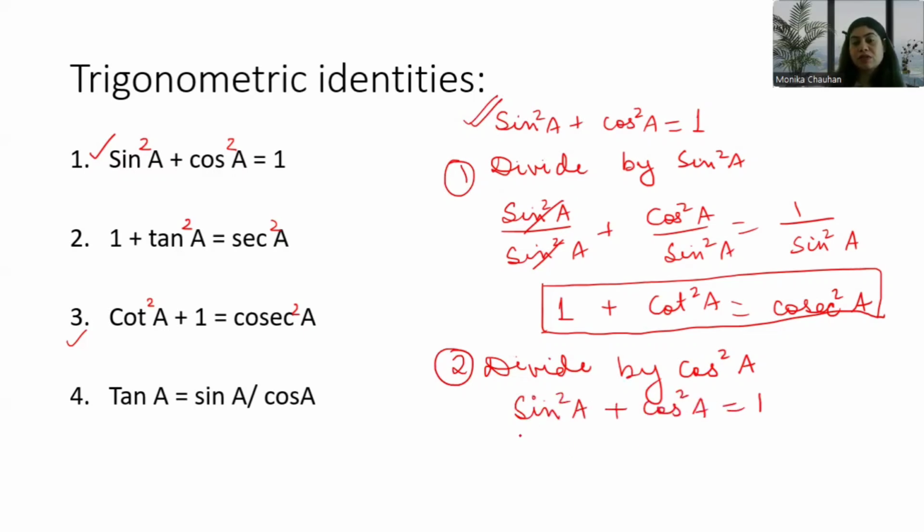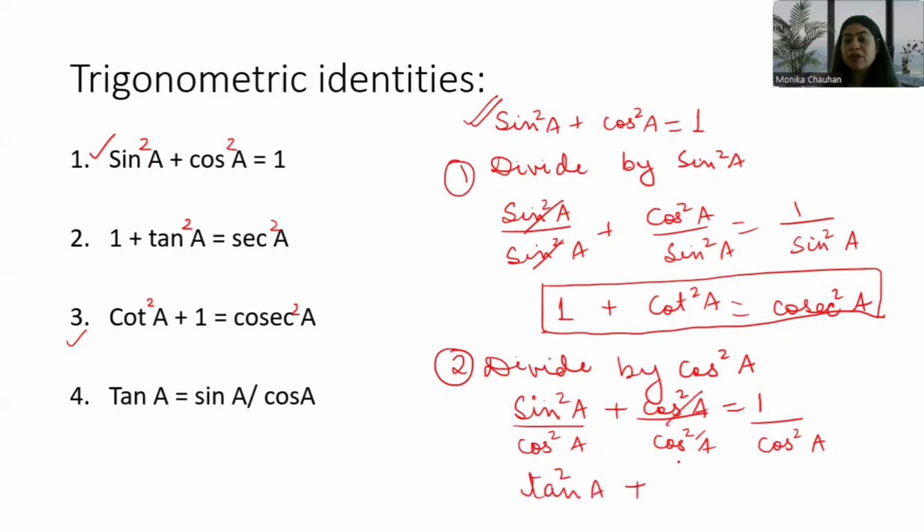Divide this by cos square A. Something will change and you get another one. So sine upon cos is tan. I told you, yeah. So tan square A plus 1, because cos square A and cos square A cancelled out. And 1 upon cos is sec. See, you got this second one. 1 plus tan square A is equal to sec square A.